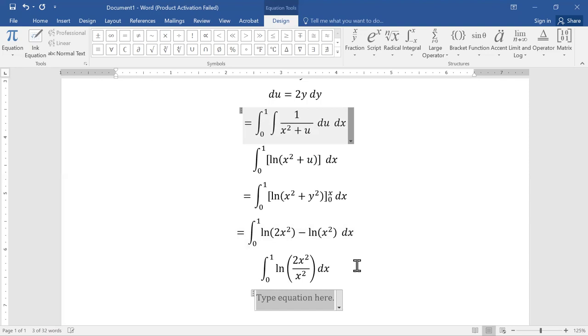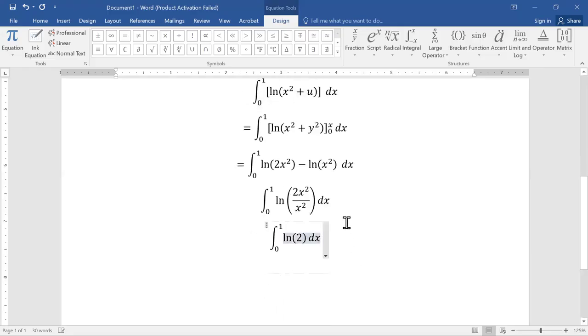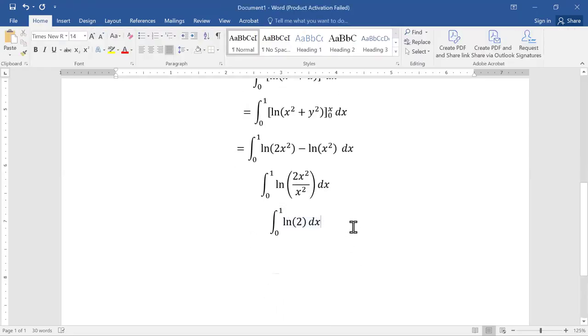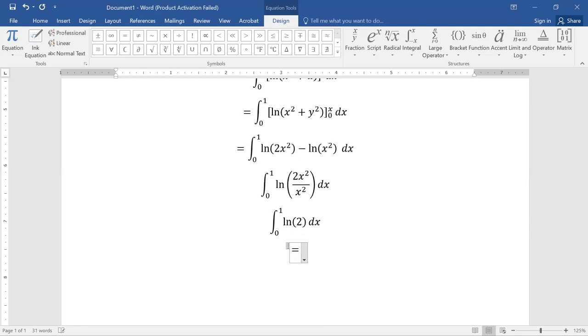And basically, you're just integrating from 0 to 1 natural log of 2 with respect to x. This is just a constant, so you can even pull this out front. You're going to get natural log of 2 times x as the antiderivative. Plug in 1, you just get natural log of 2. Plug in 0, you just get 0. So you end up with just the natural log of 2 as your final answer.